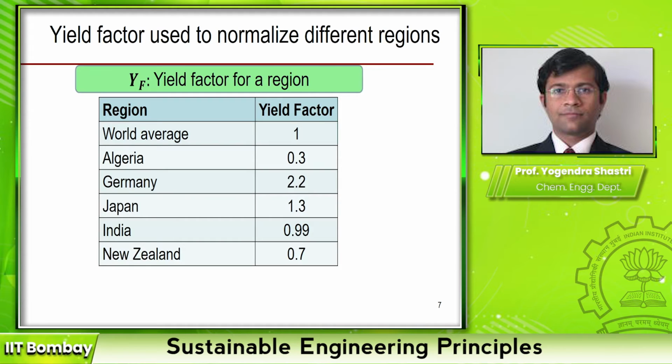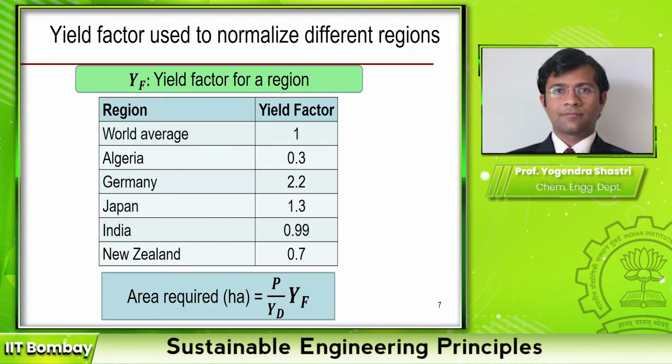Here in this table I have given yield factors for different regions or countries. Algeria is 0.3, Germany is 2.2, which means as compared to the world average, the yield in Algeria is much lower, 0.3, while the yield in Germany is much higher, 2.2, and so on.